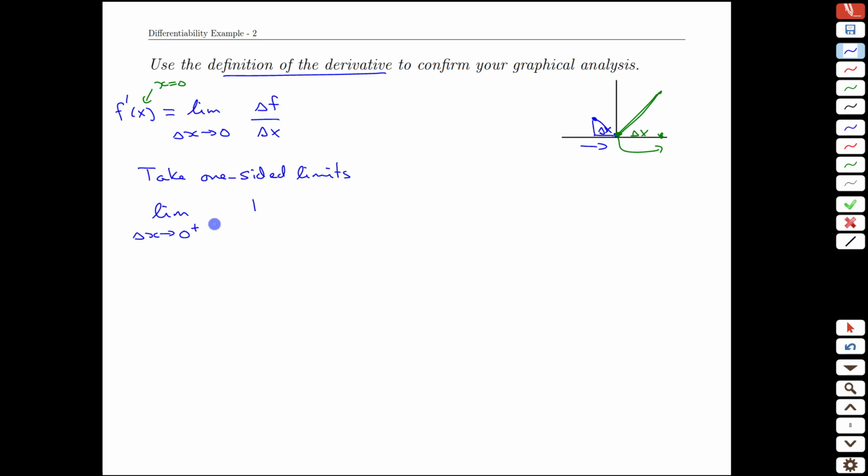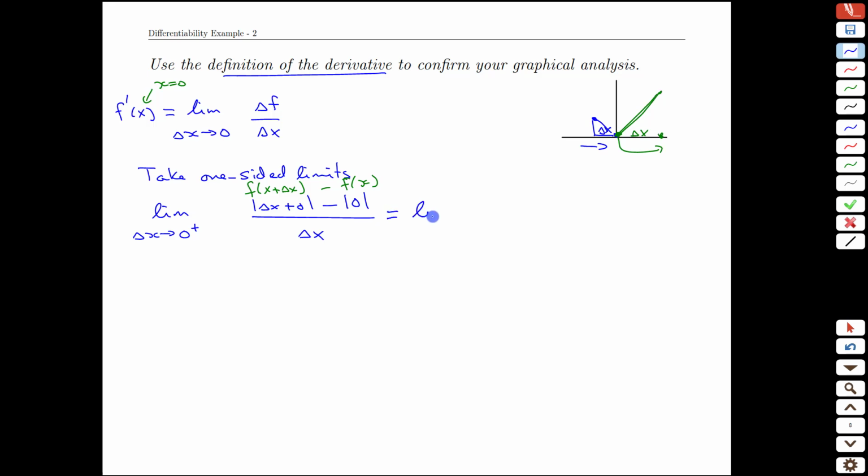Well, it's the absolute value of delta x plus 0 minus the value at 0, all over delta x. This is our function value at x plus delta x, and this is our function value at x, using the original definition ideas, and then we divide by the run on the horizontal axis. So it's rise over run in much more complicated math-looking terms, but the idea is exactly the same. It's the slope of a line.